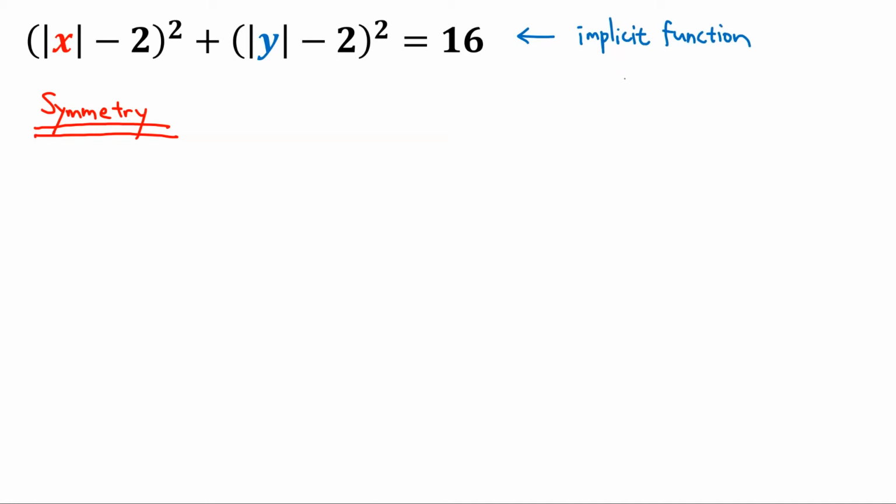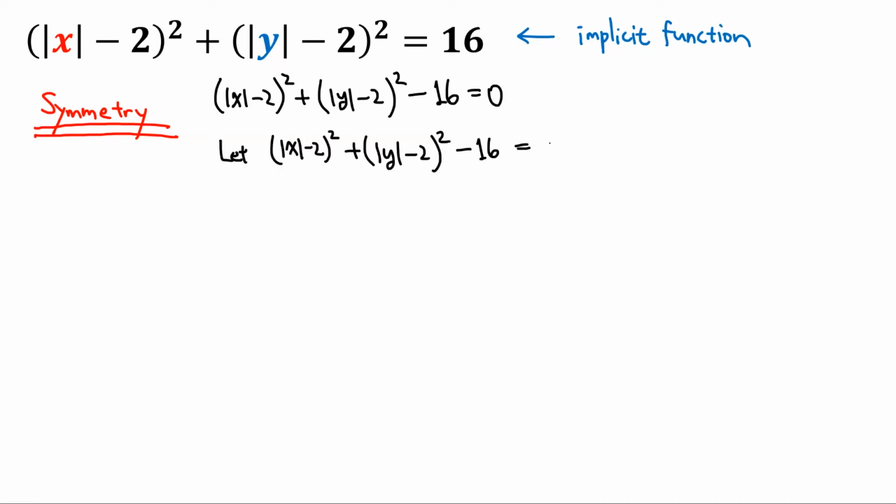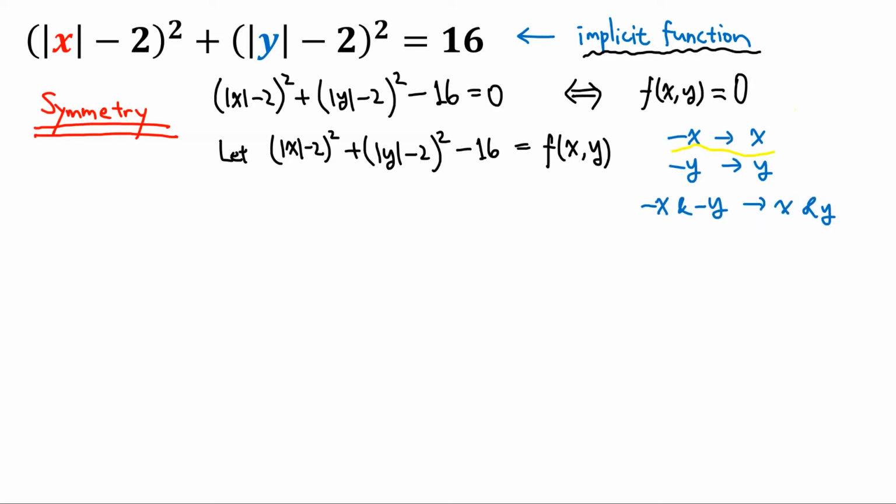This is an example of an implicit function. That is, if we write the equation for the curve as this, and if we let this part be f(x, y), then the equation of the curve can be written as f(x, y) equals 0, hence the name implicit function. Here, notice that the equation doesn't change by substituting minus x for x, or minus y for y, or both.